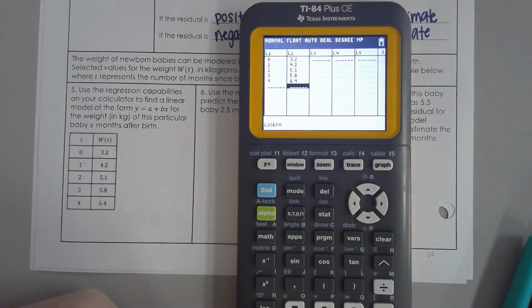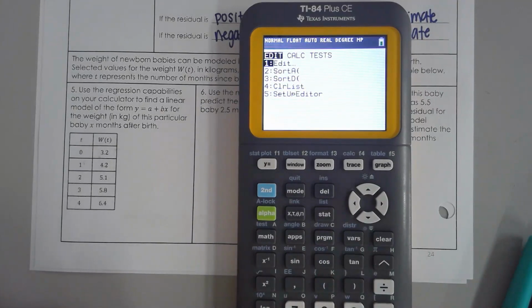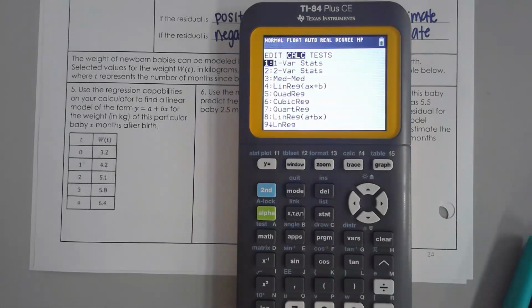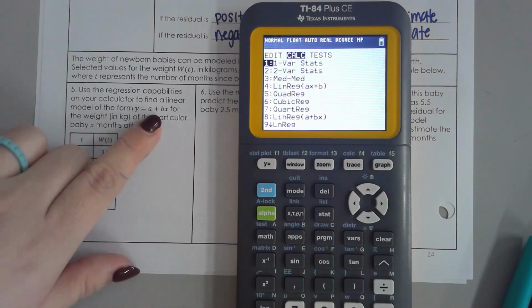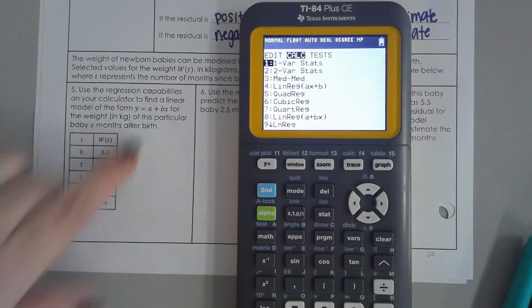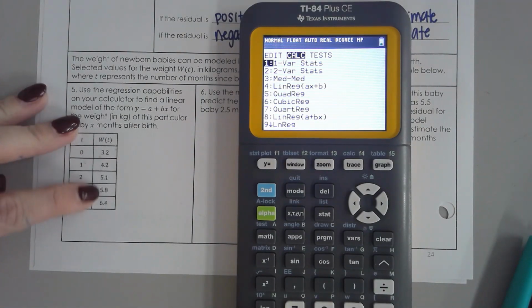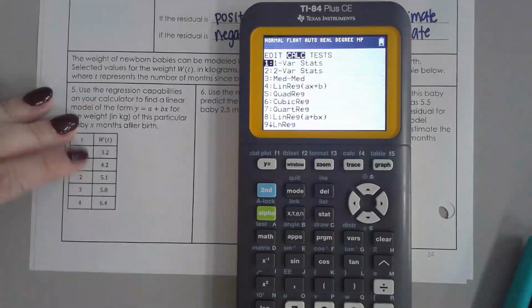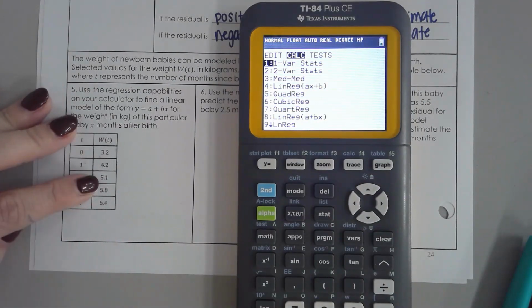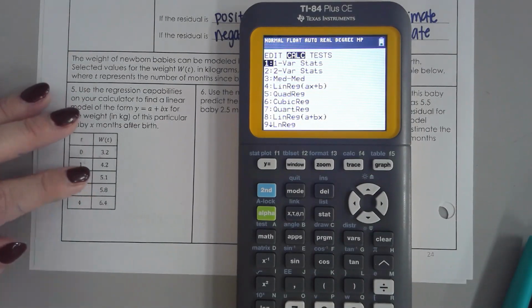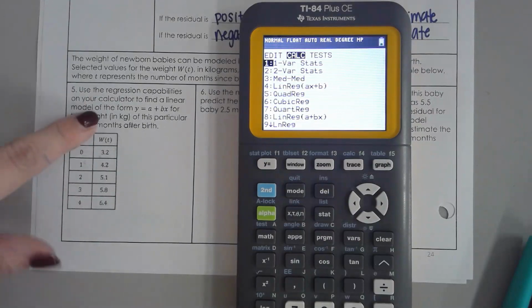And then how do I actually get to the equation? Stat, go to Calc. And this specific one, it told me in the question, it's linear. I could have looked, it's close to about adding 1 every time-ish. Okay, so it's linear. I would have picked a linear model for this one anyway, but it told us.